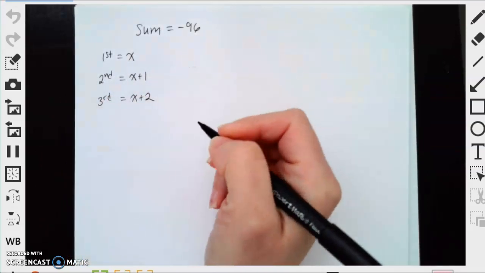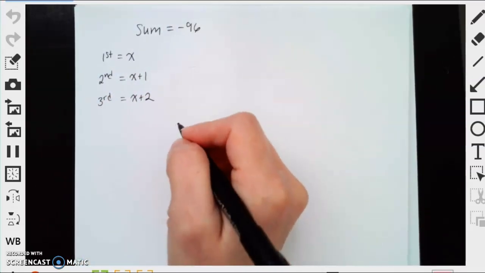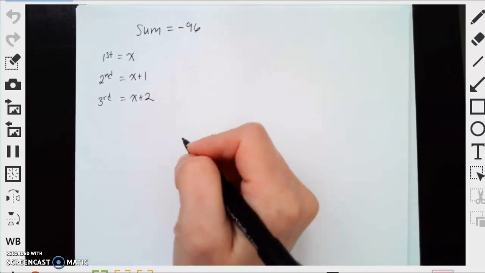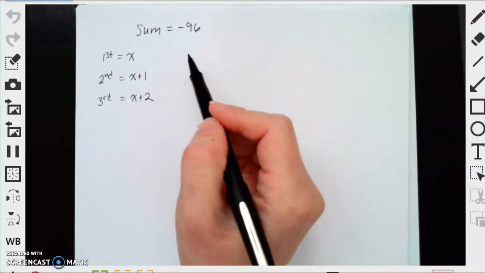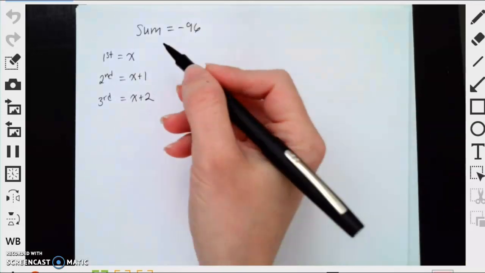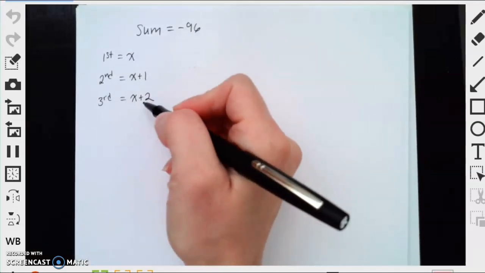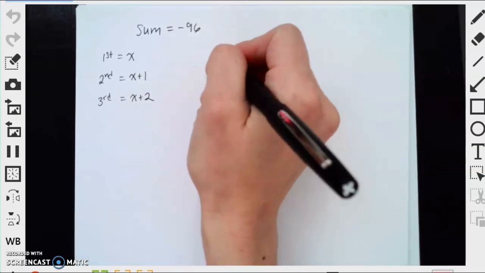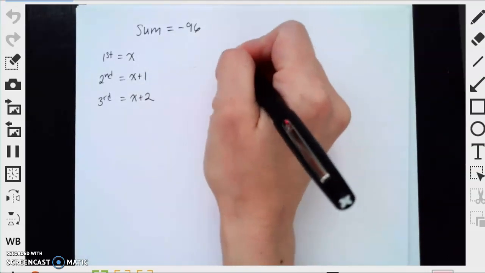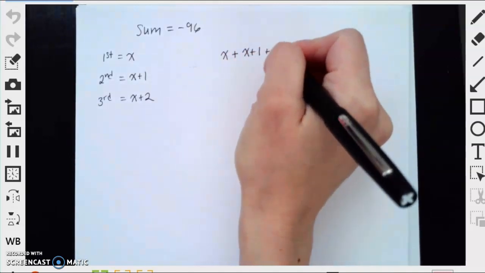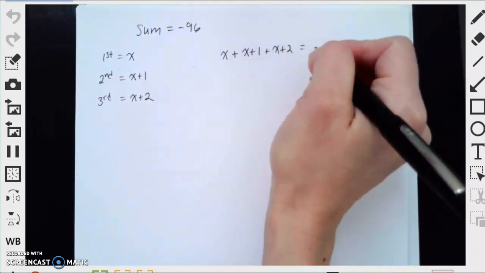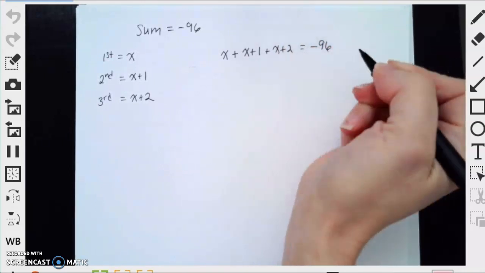It really does pay to write that off to the side because that will help you when you're going back to answer the question as well. And we're told the sum should be negative 96. Sum means I'm adding, so I want to add these 3 numbers together. Now, that helps me write my equation. X plus the second one, x plus 1, plus the third one, x plus 2, equals negative 96.